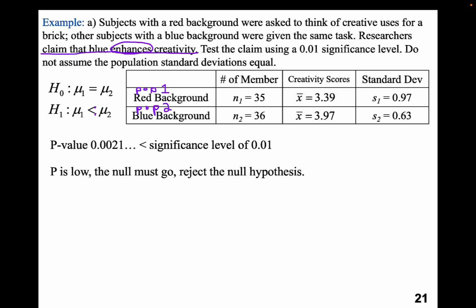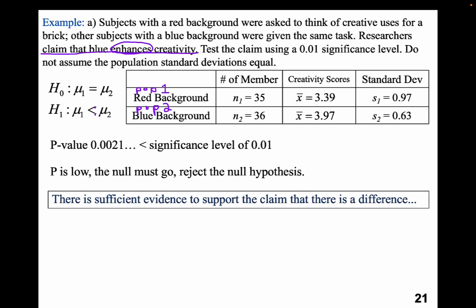So we will reject the null hypothesis. Okay, it's got to go. Reject it. The conclusion from there is there is sufficient evidence to support the claim that there is a difference in the two population means.